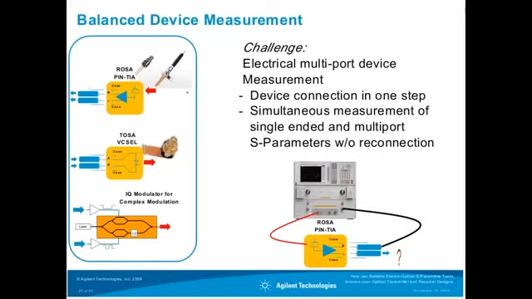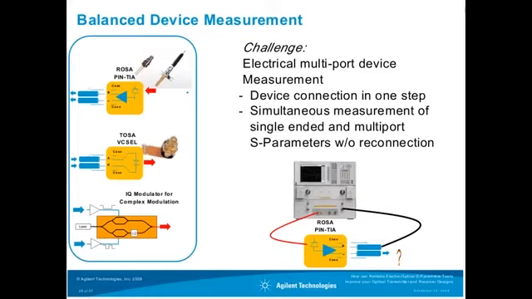Now let me come to another very big challenge, especially for these gigabit transceiver components. All those components are essentially balanced devices. What do balanced devices mean? Balanced devices usually have one optical input or output, but multiple electrical ports. If you have a traditional network analyzer, which usually has one electrical stimulus and one electrical receive part, then you can only connect one of the two electrical ports.